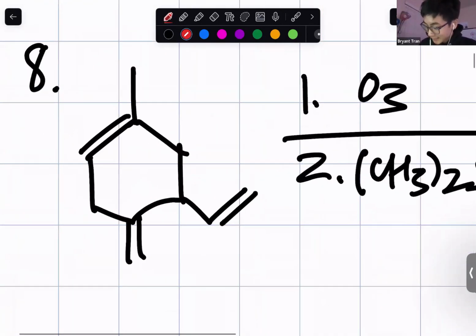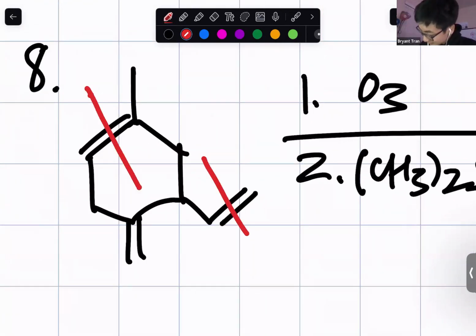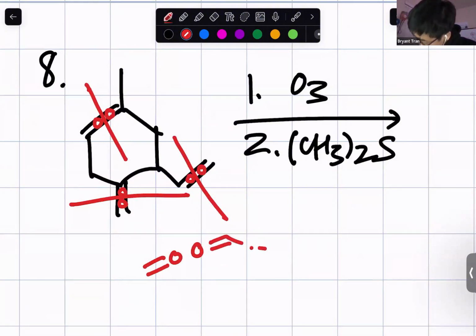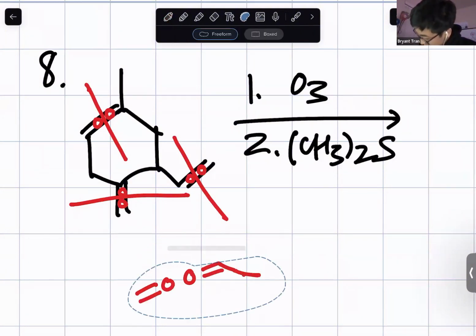Scissors. Think of it as cutting this double bond in half, right? Put oxygens in the middle like that to easily predict the product. So that's the cut right there. Put that alkene.